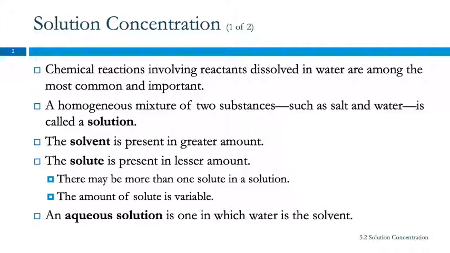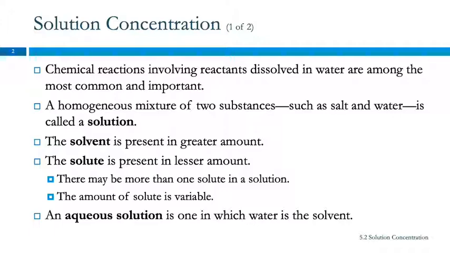And so the methanol is the solvent. The solute is the other parts, the things that are dissolved in the solvent. And there can be more than one. There often is more than one. And how much solute there is is variable. We could add a little bit more zinc or a little less iodine. We can still make a solution.